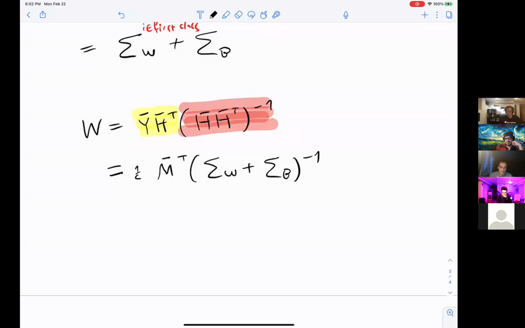It's not linear discriminant analysis, but it's a cousin, because linear discriminant analysis would have been mean transpose times sigma W inverse, whereas here you have an extra term, which is the sigma B. So it's a cousin of linear discriminant analysis.